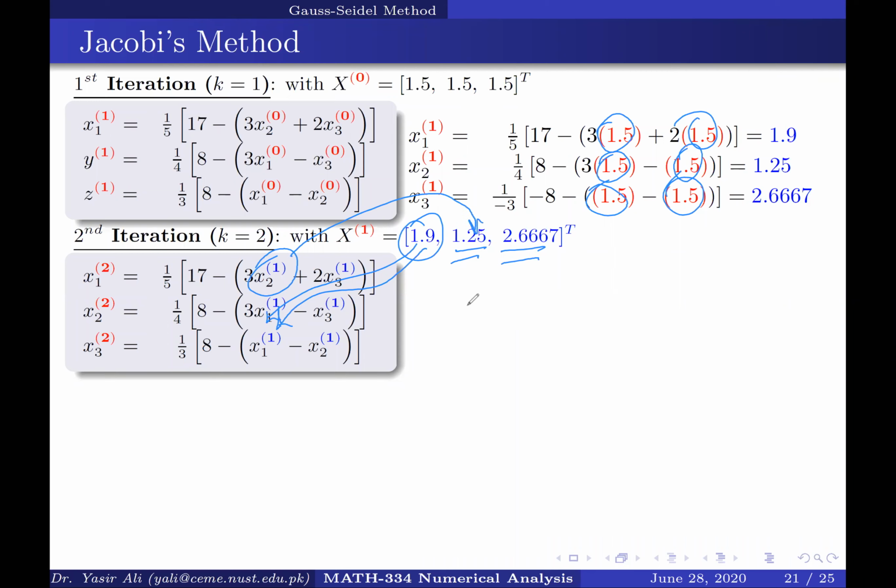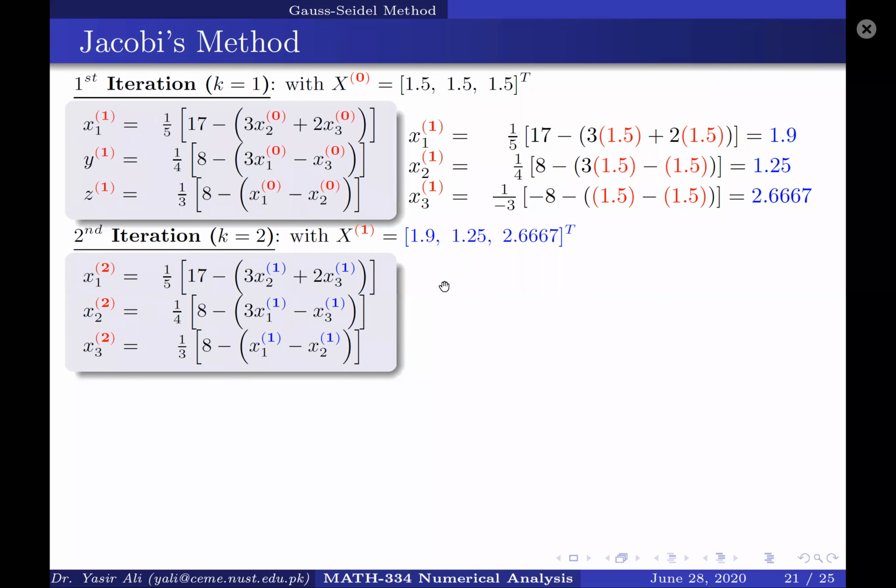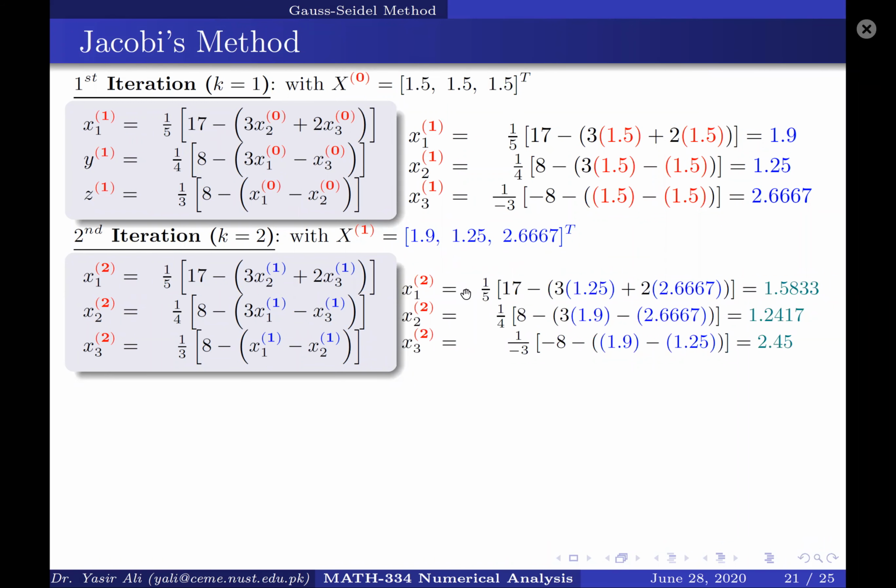1.25 over here and 1.25 over here, and similarly I can use the rest of the values to calculate the second iteration, and then I can use the second iteration to calculate my third iteration.